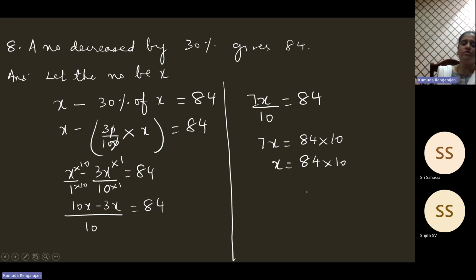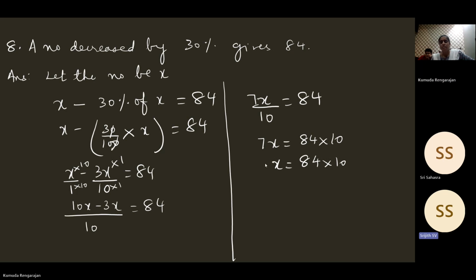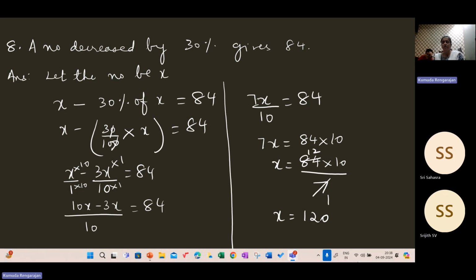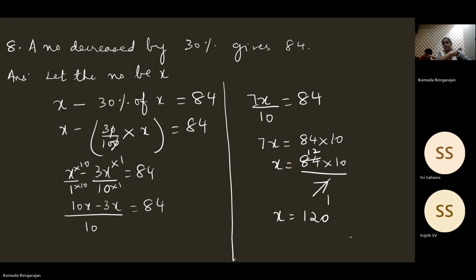It's okay, you can write 84 into 10 also, divided by 7. 7 will come to the denominator. Yes, now cancel. 7 ones are 7, how many times? 84. 12, ma'am. Yeah, correct. 12 into 10, which is 120, right? Yes, ma'am. Yeah.